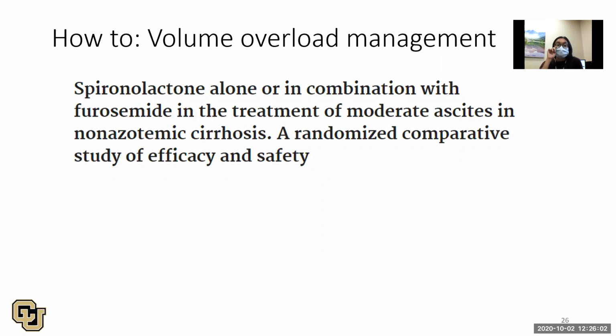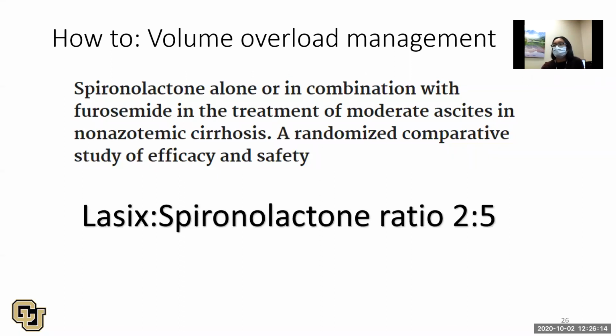And actually there's data that supports that spironolactone alone is just as good as the combination, but the problem that you run into is hyperkalemia. And really it's for the hyperkalemia reason that you typically tend to use the combination. And I think now it's just become sort of a norm to use the combination. And so people will use Lasix to Spiro in a ratio of 2 to 5, okay? But if you were going to start a patient on monotherapy in the outpatient setting, then start with spironolactone rather than starting with Lasix is what the data suggests, which is not what I was doing.